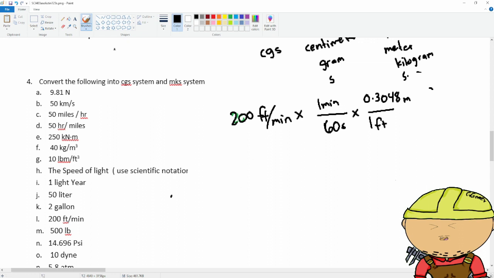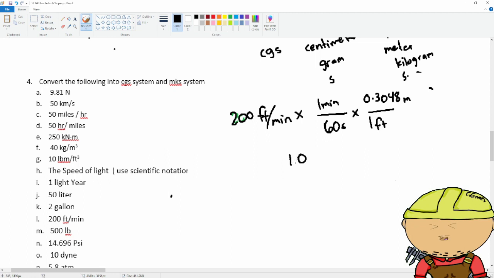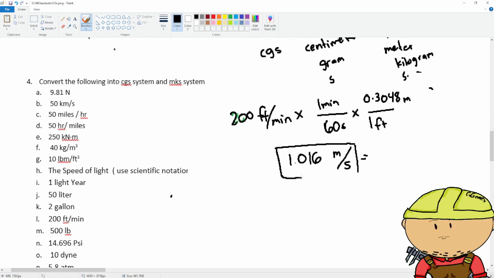So what is our MKS? 200 times 0.3048 divided by 60. 1.016 meter per second. Okay, double check. I think that's correct. Okay, that will be our MKS.